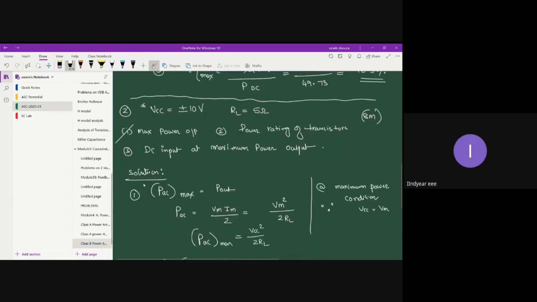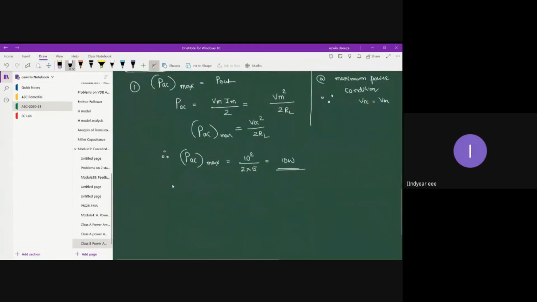Next we have the power rating of the transistors. In the previous class, I don't know whether you have gone through, the power rating of the transistor is calculated on the basis of maximum power dissipation.